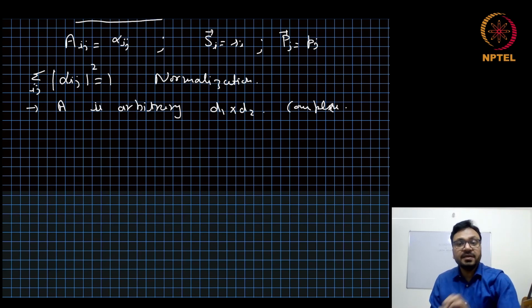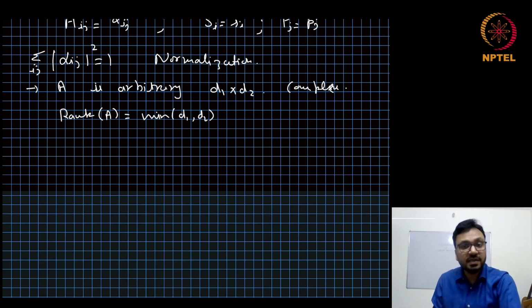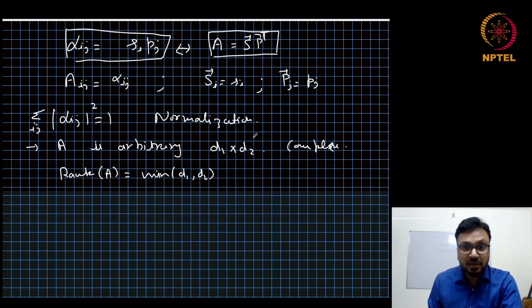So A is an arbitrary d1 by d2 complex matrix. The rank of A will be the minimum of d1 and d2 in general. There can be specific cases where it will be less than this, but there exist a lot of matrices A for which the rank is the minimum of d1, d2.